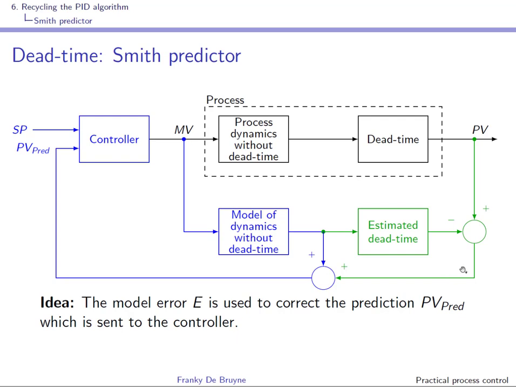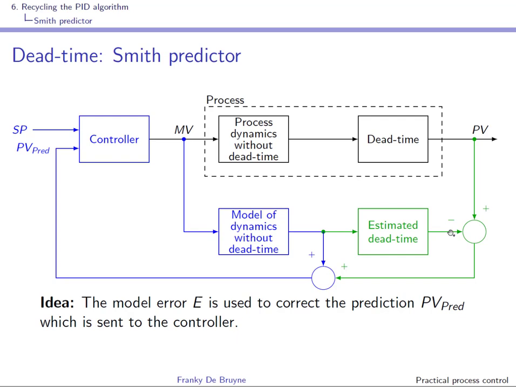Well, the fact that the error is positive can have two sources. The first one comes from the model, right? If the actual process gain is higher than the process gain used in the model, you'll have a PV that is higher than the predicted PV, right?